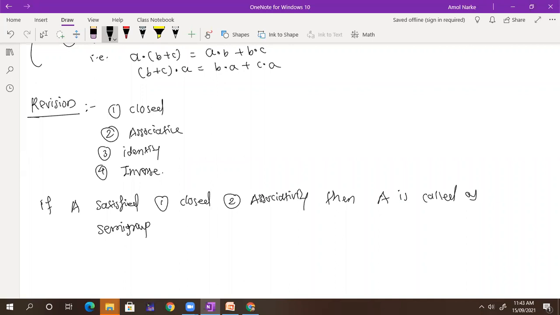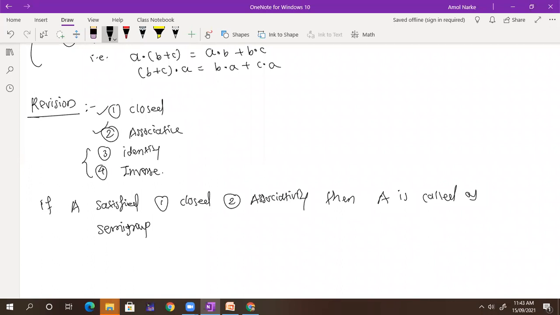Semi-final and final, what is the difference? The final one is the winner one. So if any group does not have identity and inverse, then such a group we call a semigroup, because if these two conditions are satisfied, then it is called a semigroup. Everyone understand semigroup now?